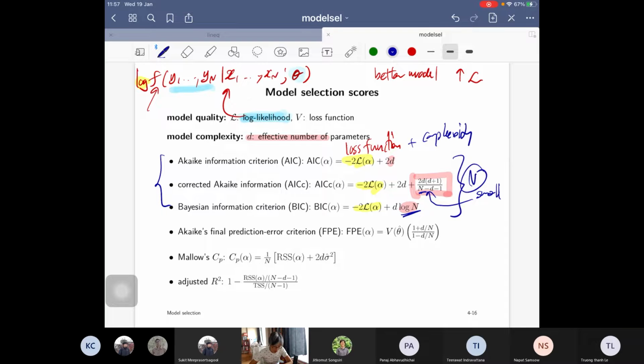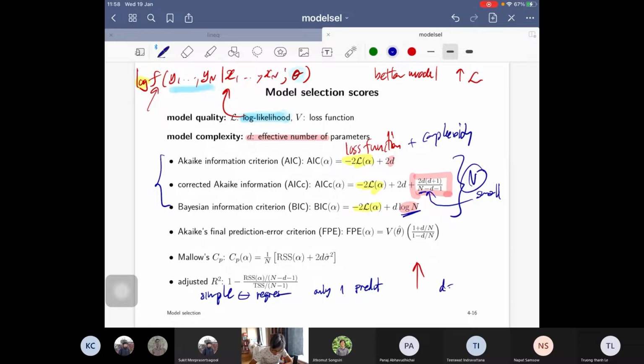Okay, so looking at this, for example, if I use a simple model in the context of linear regression, if I use only one predictor, my loss function would be high. The negative log likelihood would be high, right? And then my D is what?